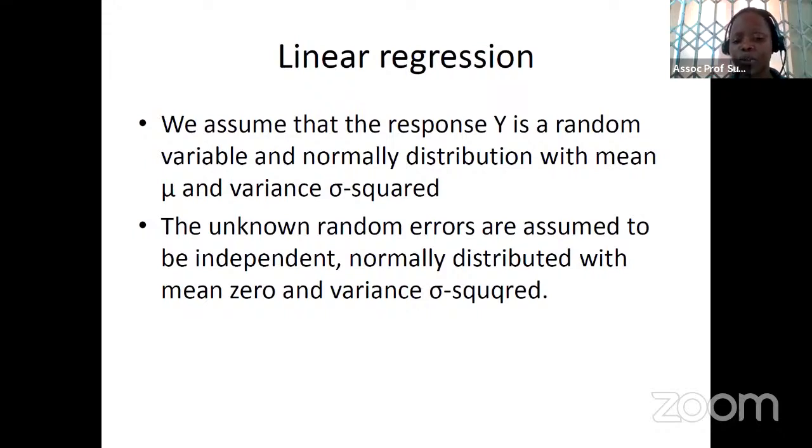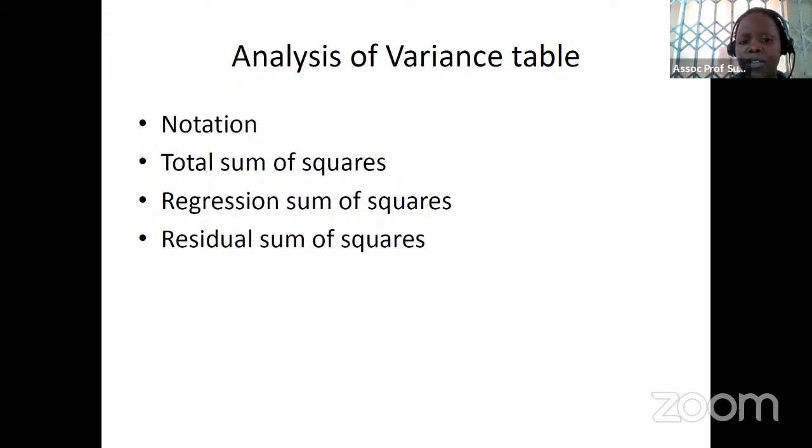We also assume that the response is linearly related to the independent variables. So those are the assumptions. We are going to look at those assumptions in detail later on.